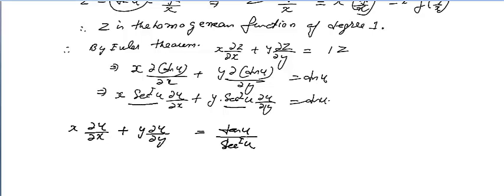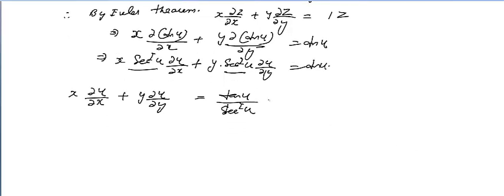Now what you will get here? See, very interesting. So this will become tan is sin u upon cos u, and sec is 1 over cos, so it will be cos square u. And this will be cancelled out.